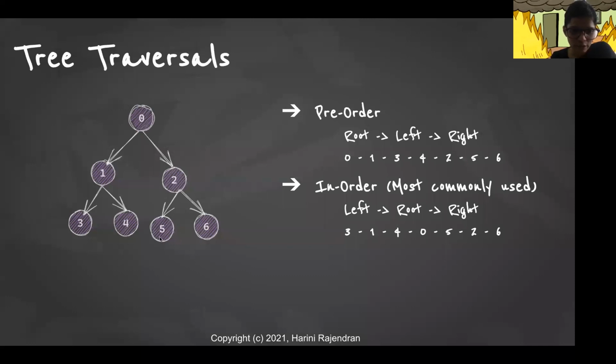The in-order traversal of the right subtree would again start with left 5, then the root 2, then 6. So the complete in-order traversal would be 3, 1, 4, 0, 5, 2, 6. Left, root, right. Here again, left, root, right. So this is the in-order traversal.